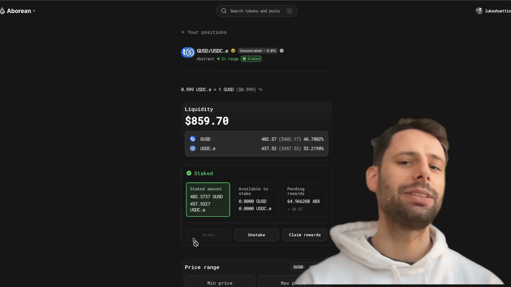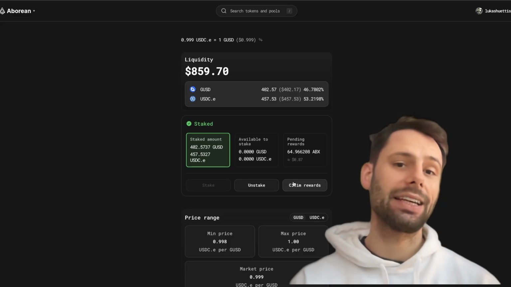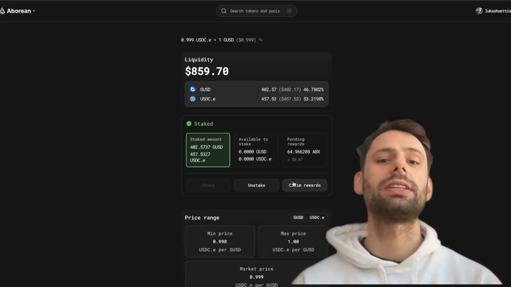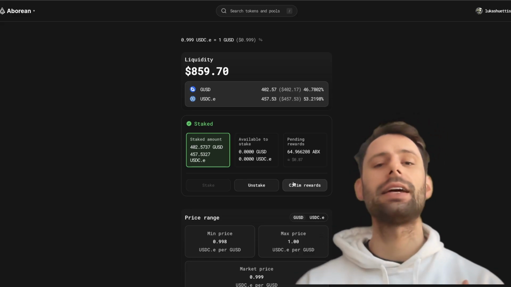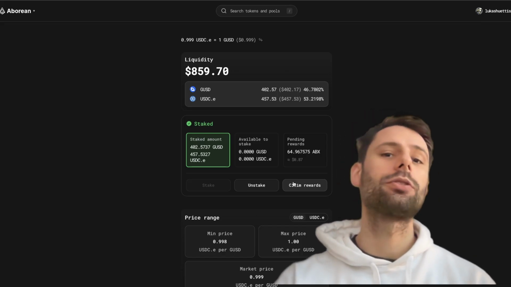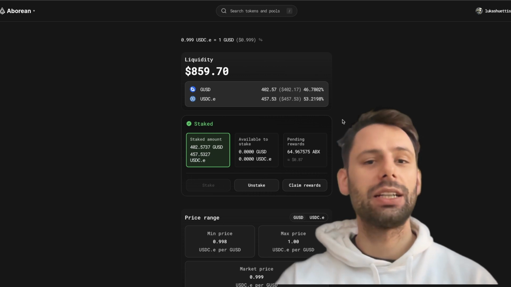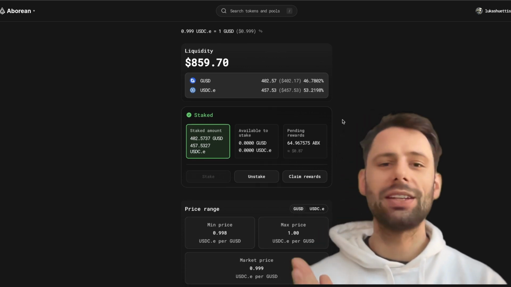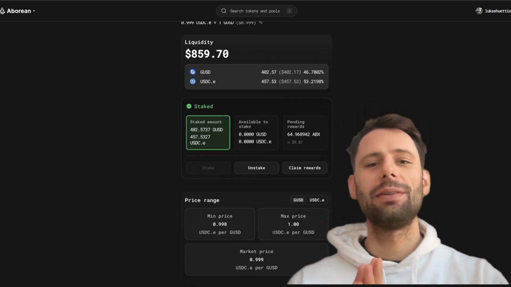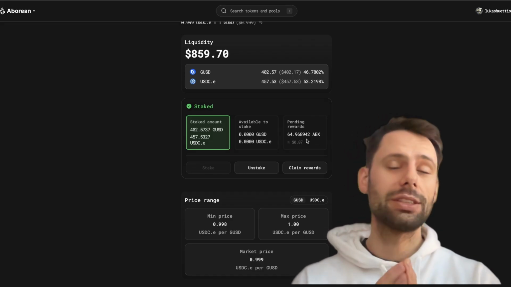Only staked liquidity earns the ABX emissions. Because my position is staked, I currently have ABX rewards available to claim, and they accumulate over time. This is separate from the fees and comes from protocol incentives. Important point: there is no fixed APR. The returns depend on trading volume, total liquidity, emissions, and time. So the APR changes constantly.